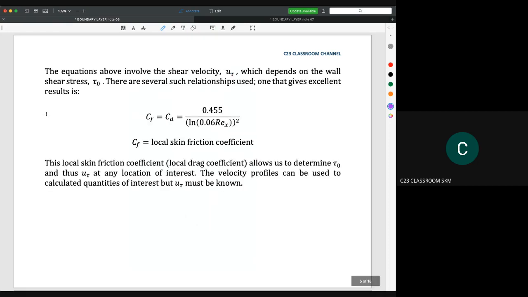And finally, you could see here, the equation above involves the shear velocity, U tau, which depends on the wall shear stress. There are several such relationships used. One that gives excellent results is shown like this one. Okay, this is the meaning of there are several relationships used.